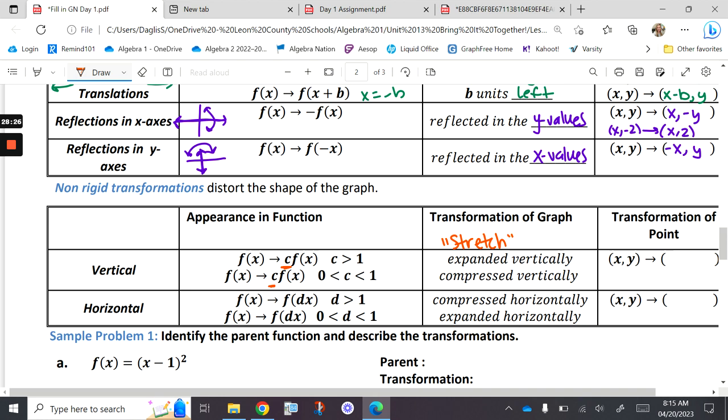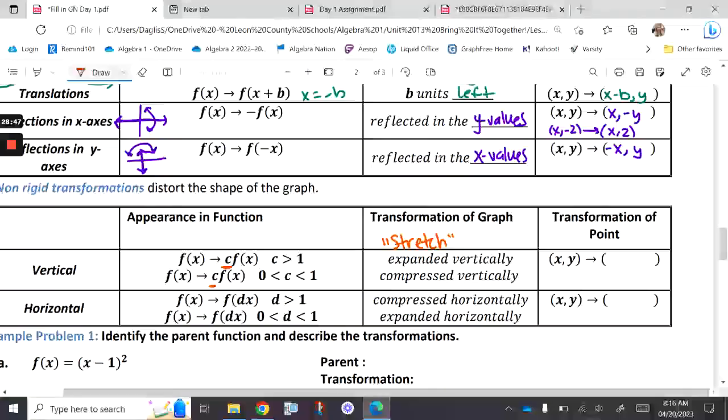I know which one's happening if my value is bigger than 1 or between 0 and 1. It says between 0 and 1 because under 0 would be negatives, and that's reflections. So we're not messing with the negatives here. We're only looking at that value right in front. Bigger than 1, it's a stretch. Less than 1, it's going to be a compression.